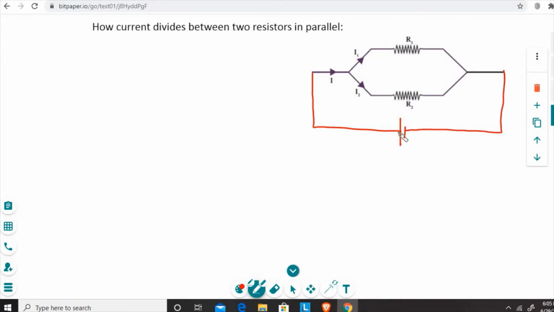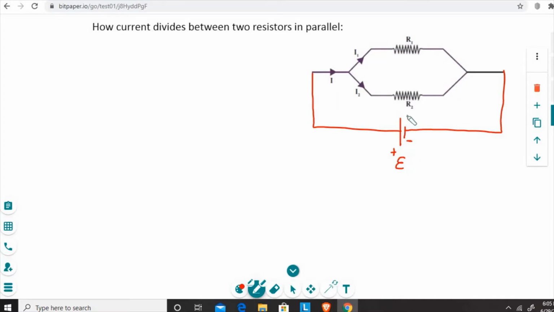The longer terminal gives you the positive side and the shorter one gives you the negative side. Let's say that the EMF is E. EMF is in a way the potential difference, or the voltage, across the two terminals of the battery.